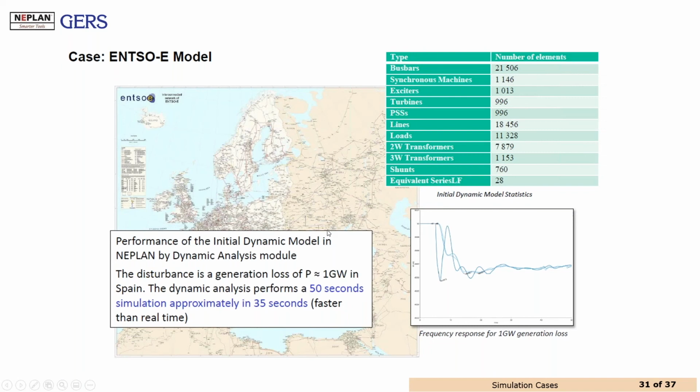The simulation is, in this case, taking 35 seconds for an event that in real life will take 50 seconds. I mean, the simulation is faster than real life. And in that case, the question is, how can we support the grid code compliance with the real-time simulation, and if we can accept or not the system behavior for specific operational states or specific events on the systems.